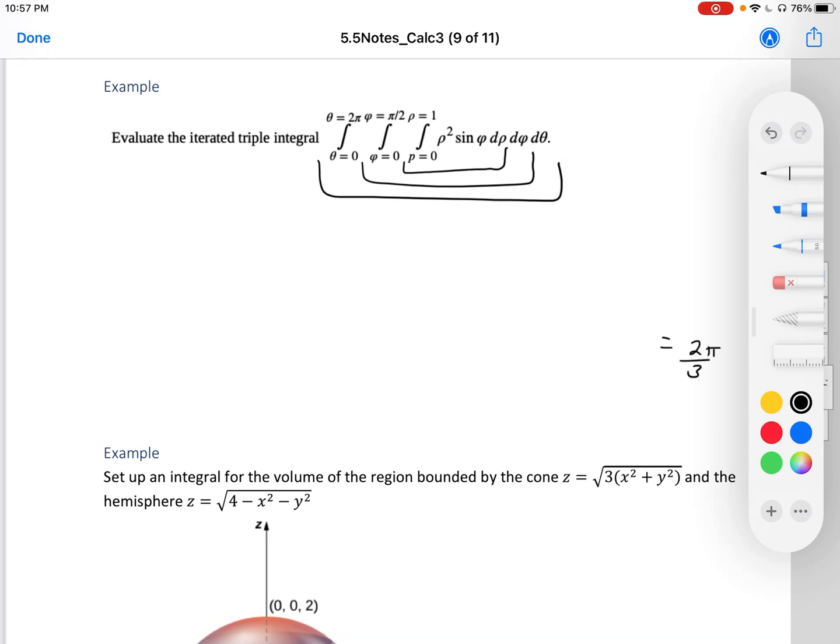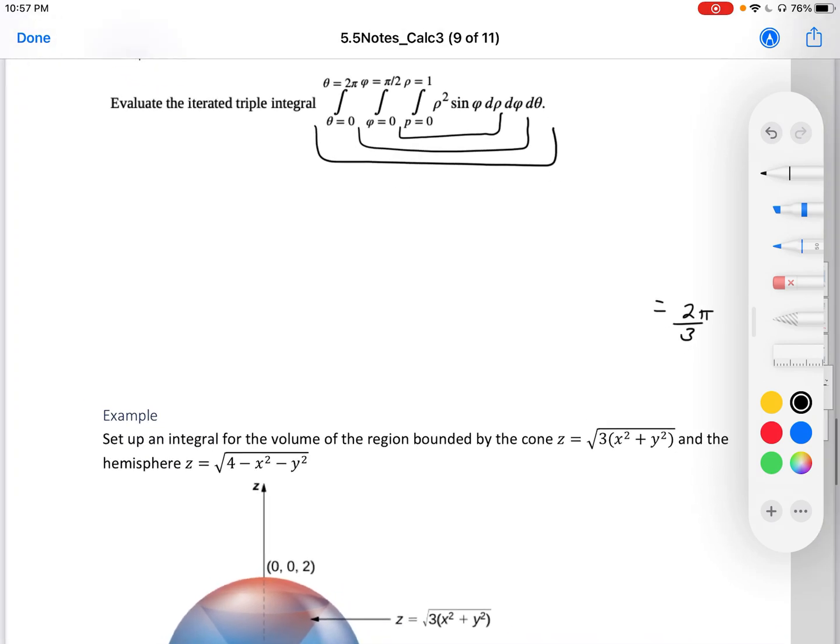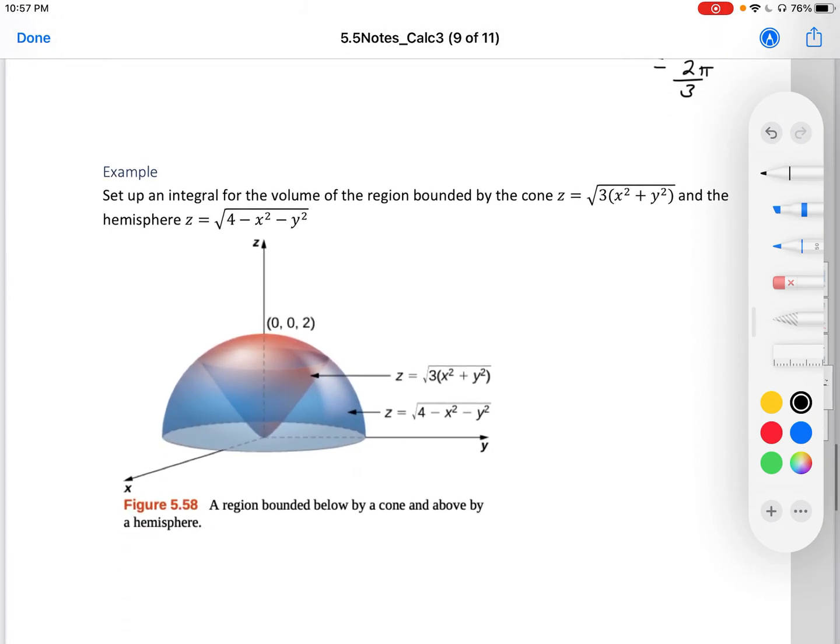All right, let's do a more involved question. This next example says set up an integral for the volume of the region bounded by the cone z equals the square root of 3 times x squared plus y squared, and the hemisphere z equals the square root of 4 minus x squared minus y squared.